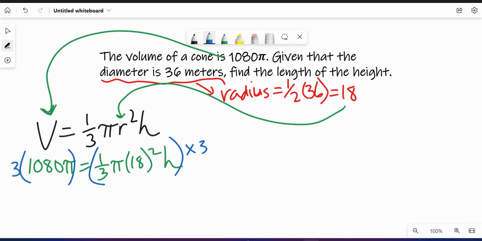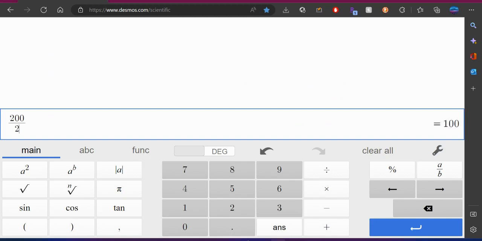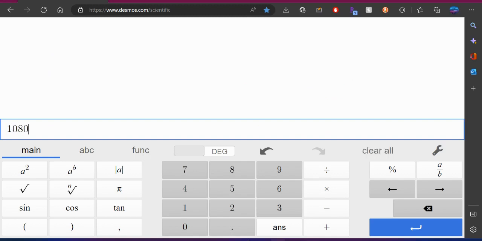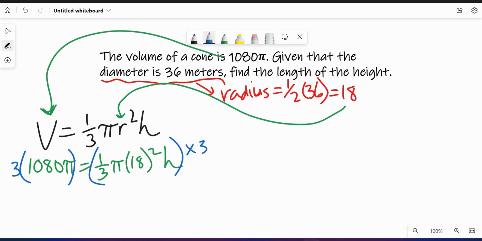That might get a little messy, but we'll write it over here. So 1080 times 3 is 3240. So this is 3240 pi. Pi doesn't go anywhere.